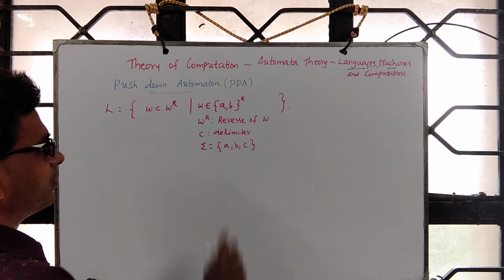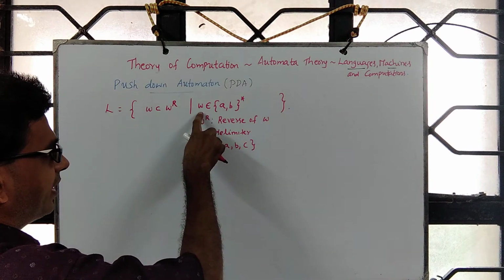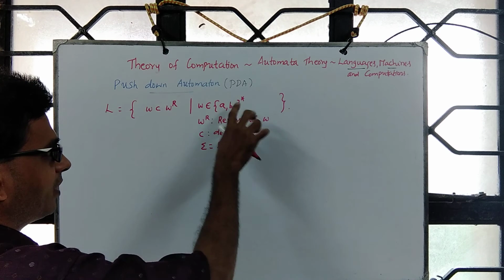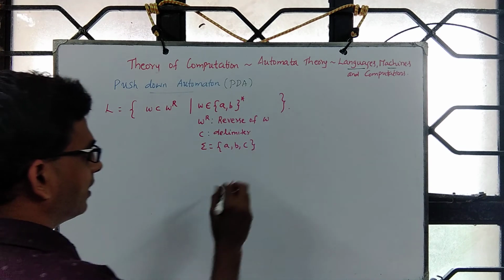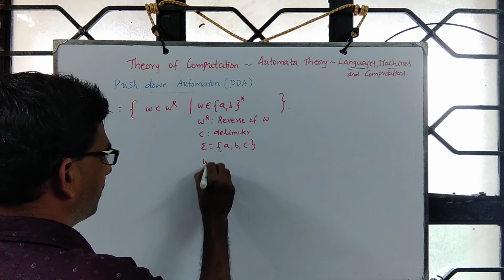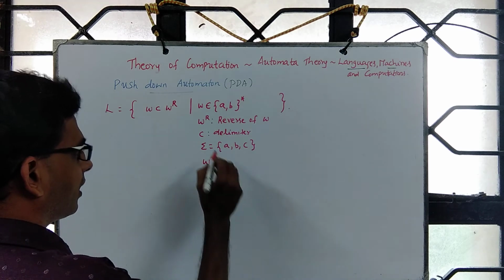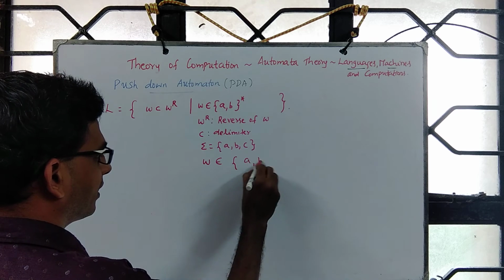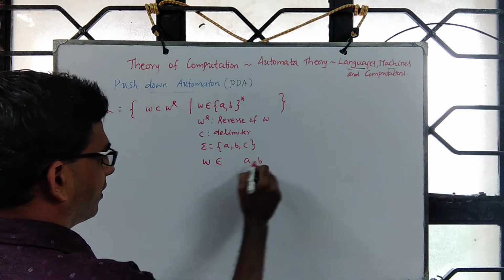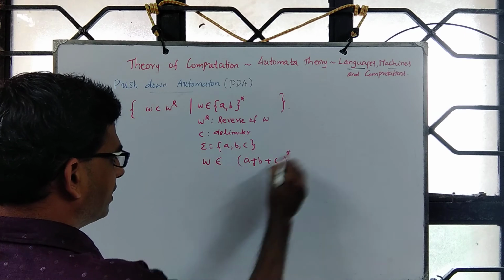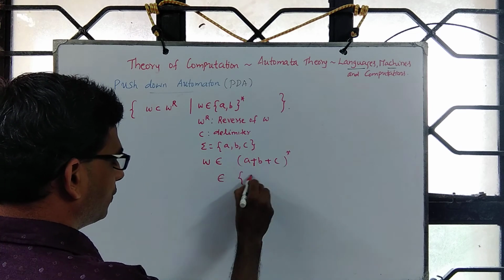Which means either you can say W is a string over (A, B) star, or W belongs to (A plus B plus C) whole star.